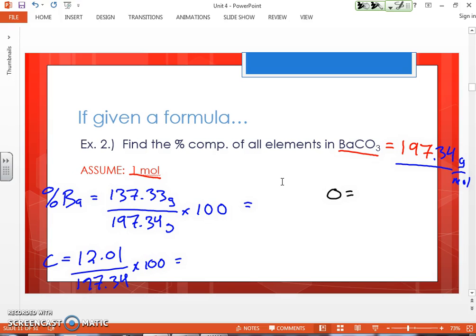Oxygen is equal to 16 times 3, so 48.00 divided by 197.34 times 100. And then again, just plug it into your calculator. Make sure everything adds up to 100 when you are done, and you got it. Divided by 197.34. So this first one, it looks like I actually get 5 sig figs for this one.